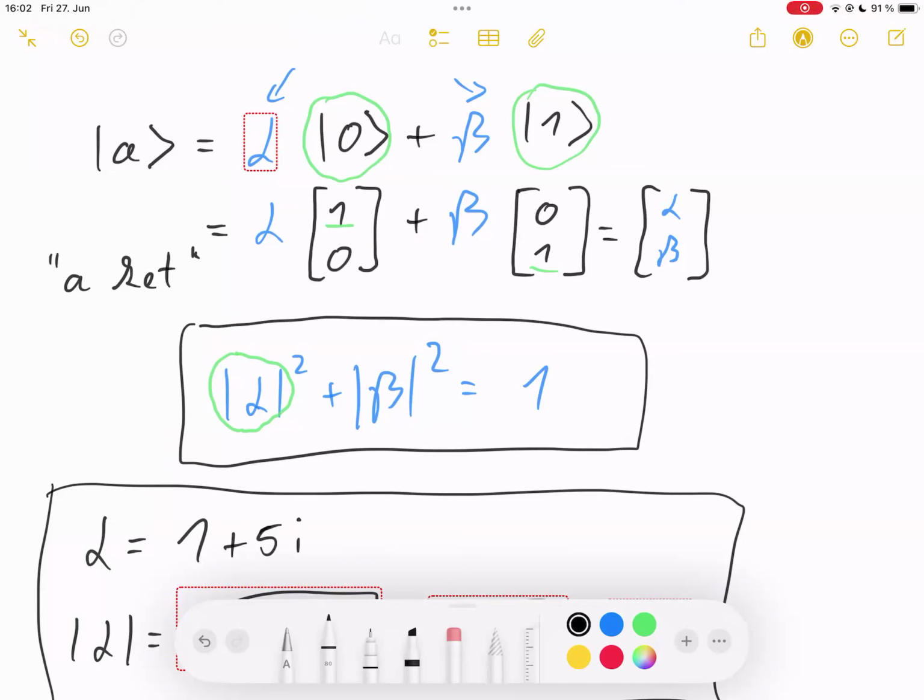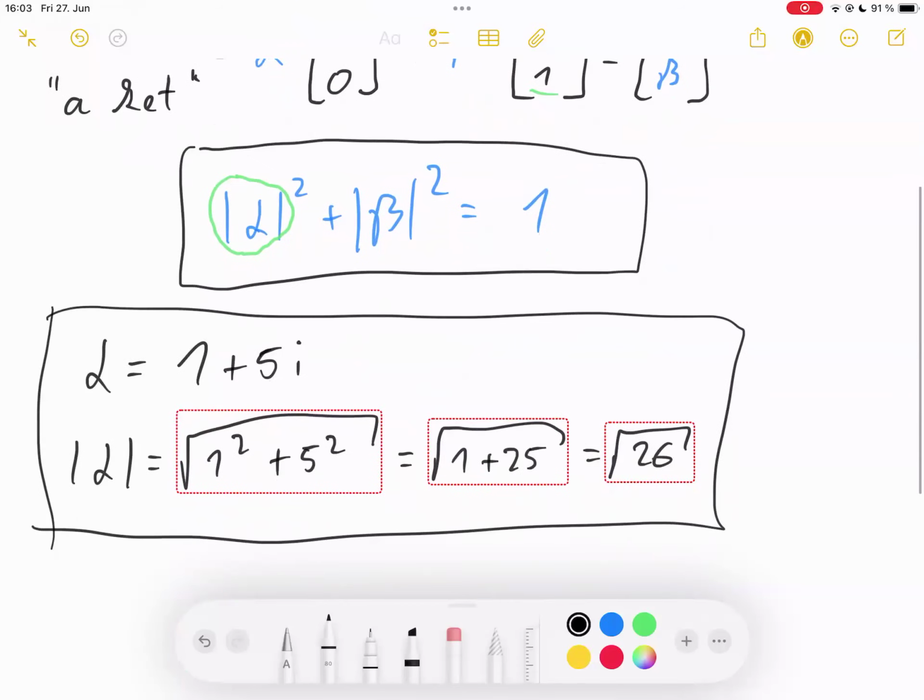We're just applying quantum mechanics here, and quantum mechanics says that this qubit would be a valid qubit if the modulus of alpha squared plus the modulus of beta squared summed up must be 1. And we've just seen one example of a complex number and its modulus. This is the very beginning of what a qubit looks like.